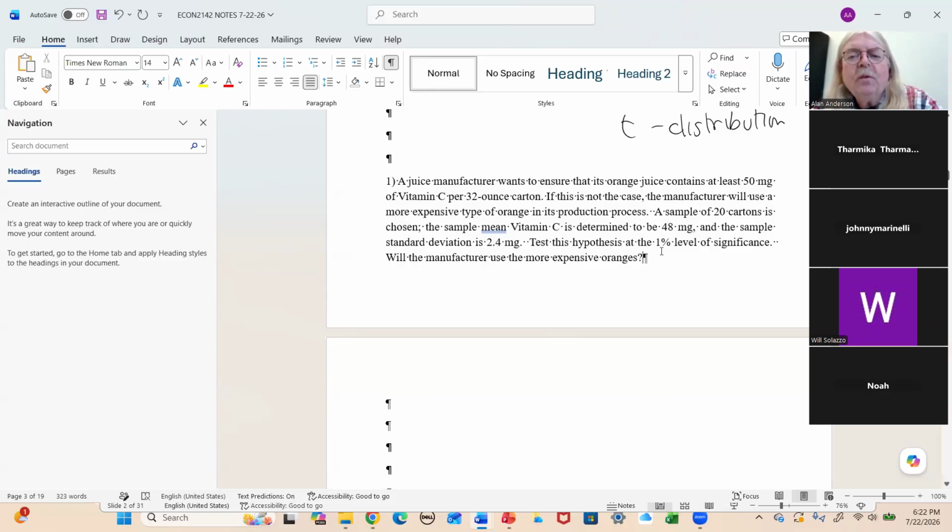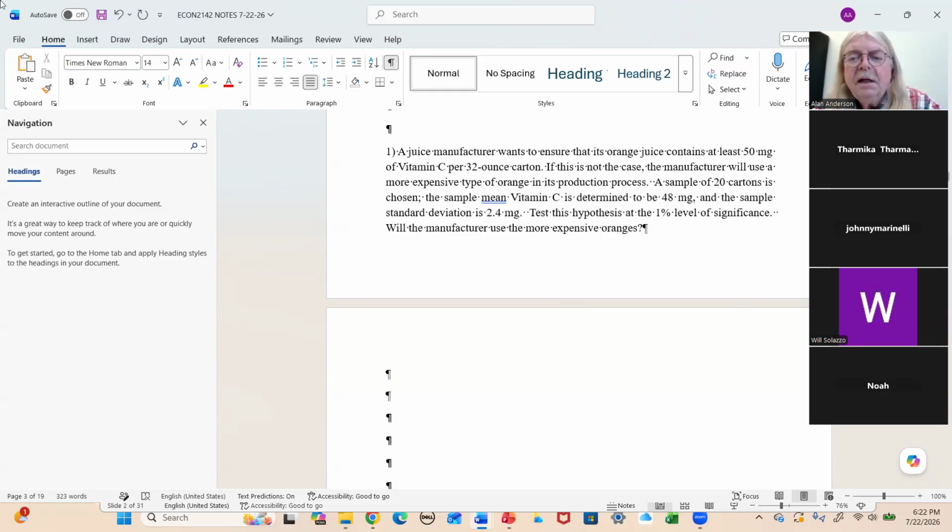So a juice manufacturer wants to ensure that its orange juice contains at least 50 milligrams of vitamin C per 32-ounce carton. If that's not the case, the manufacturer will use a more expensive type of orange in the production process. So that means we're assuming that this is true unless we have evidence to suggest otherwise.